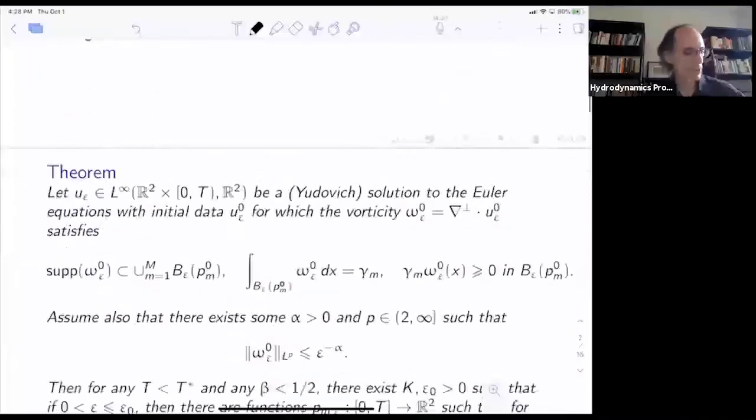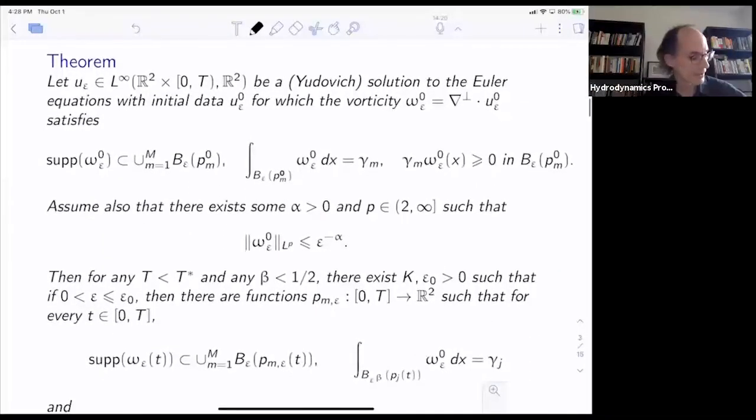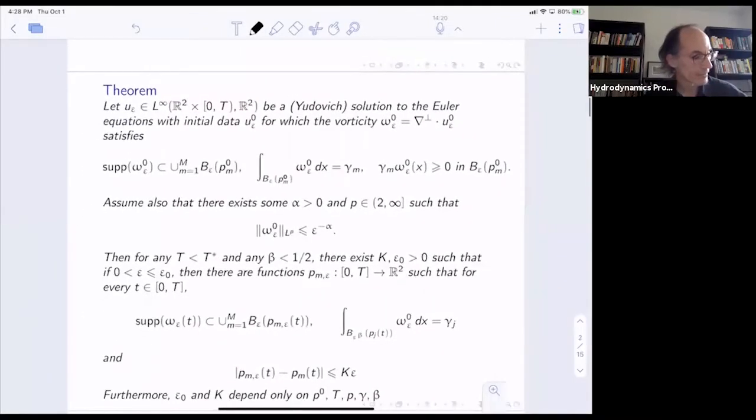Okay, and so here's the theorem we will spend some time proving. I'm given this solution of the ODE, and I want to consider a solution u epsilon of the Euler equations. I have initial data u epsilon 0, and all I really care about is the velocity or the vorticity, so the initial vorticity is here.